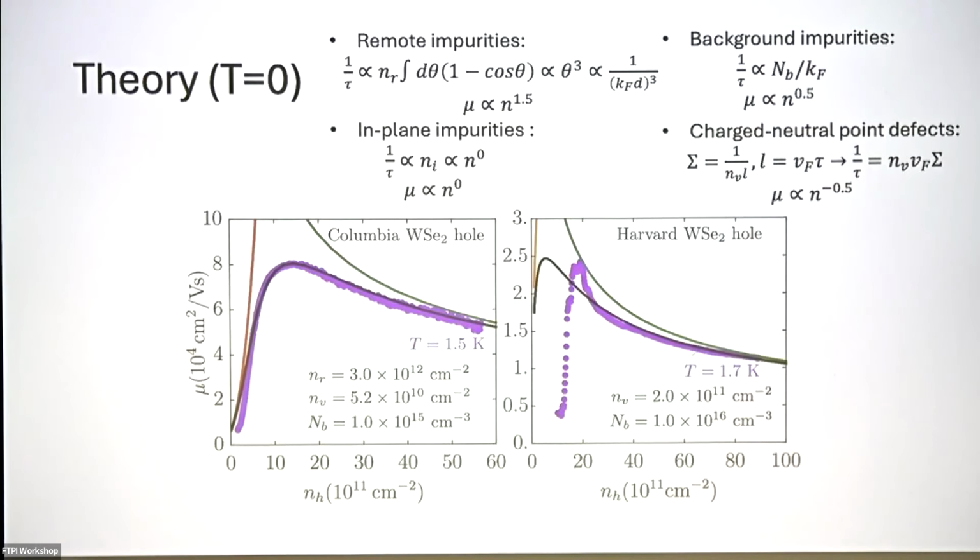Mike Manfra looked at this data and the mobility density dependence, and he said it looks very likely to be remote impurities. So maybe Fereidoon could increase his sample mobility by getting rid of these defects. This is graphite gated, right? A few-layer graphene gate. Yes.